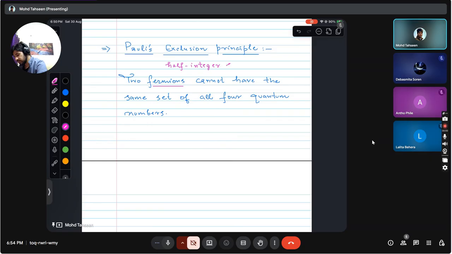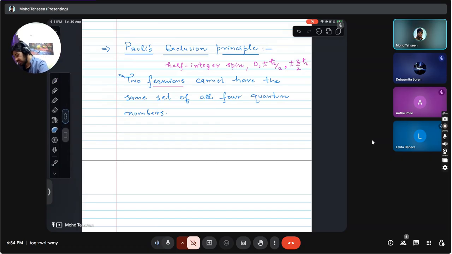These have half integer spin. What that means is if we calculate their spin along any axis, it will be plus minus 1/2, 3/2 ħ and so on. Okay, this is what the value of spin is going to be.